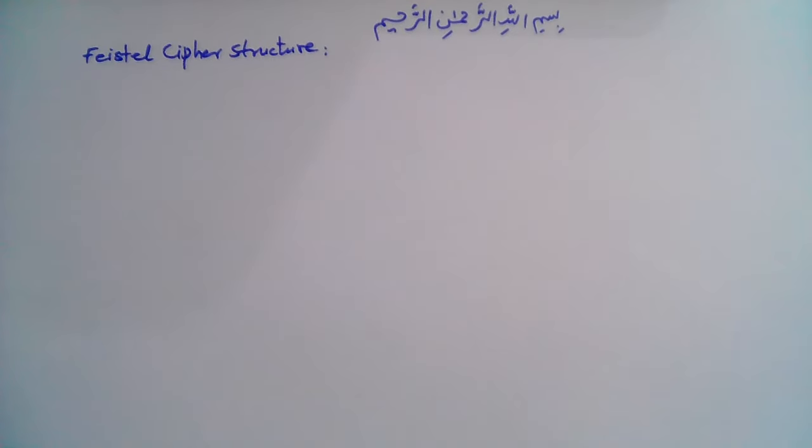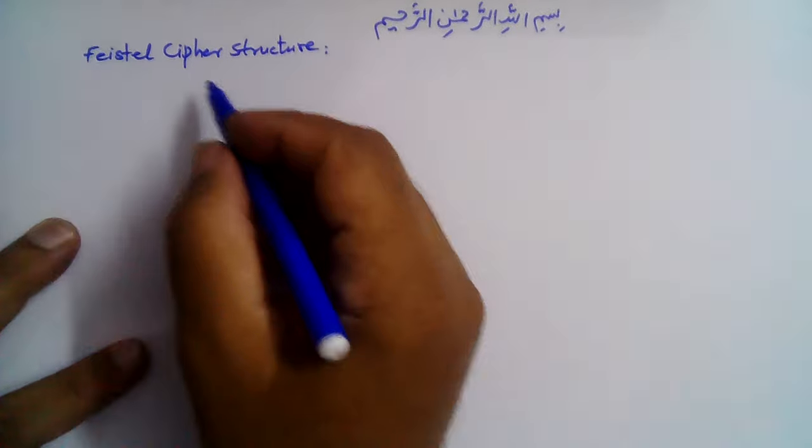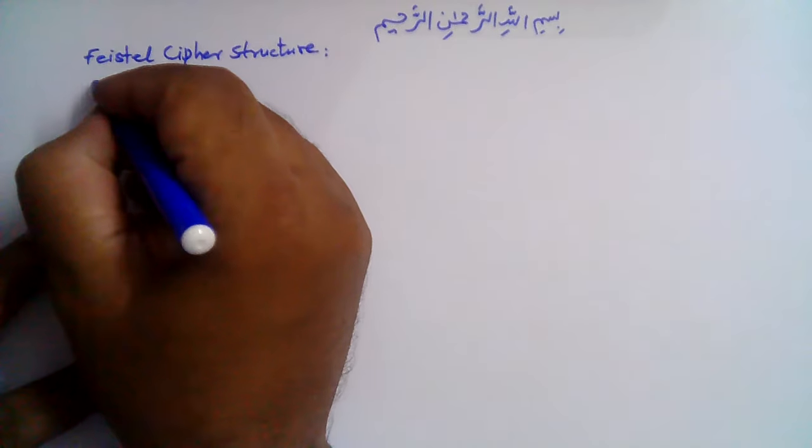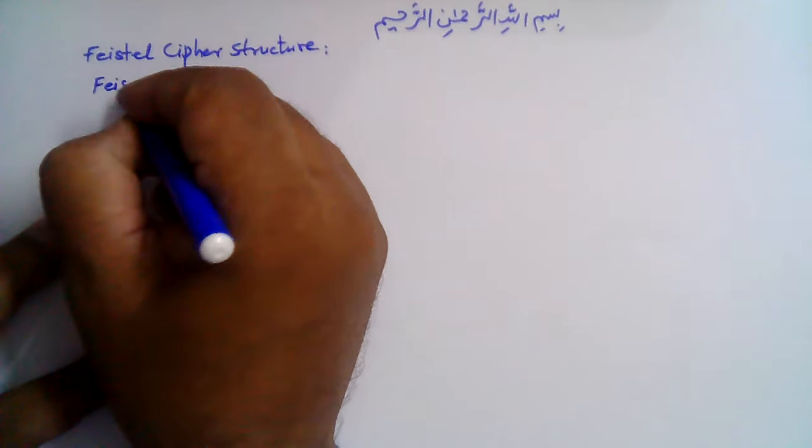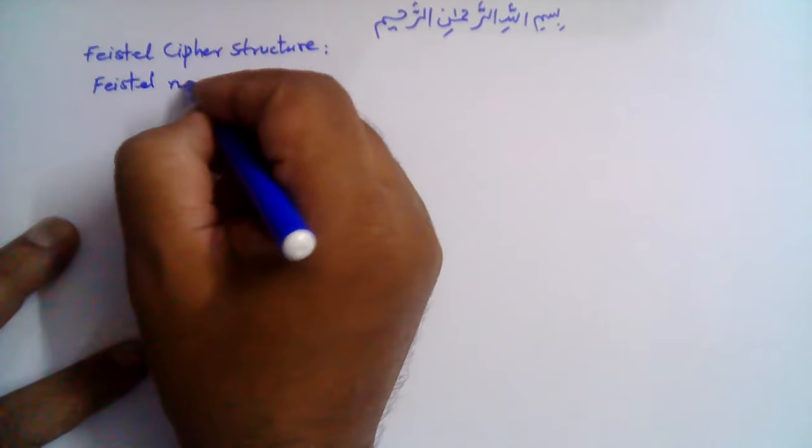Bismillah ar-Rahman rahim. So let us discuss Feistel cipher structure. This is also known as Feistel network.